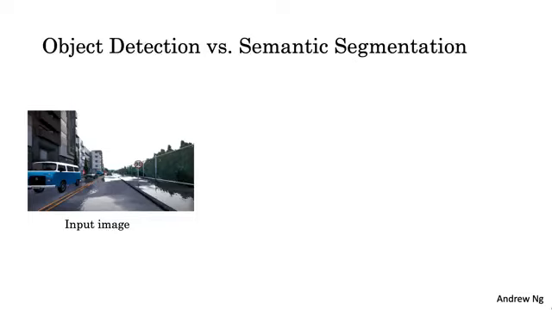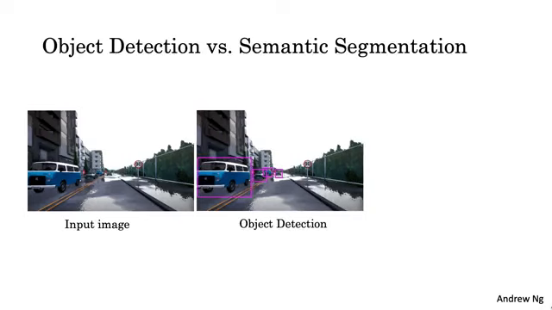Let's say you're building a self-driving car and you see an input image like this, and you'd like to detect the position of the other cars. If you use an object detection algorithm, the goal may be to draw bounding boxes like these around the other vehicles.